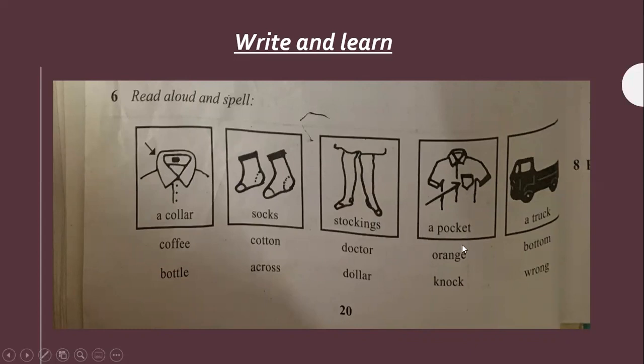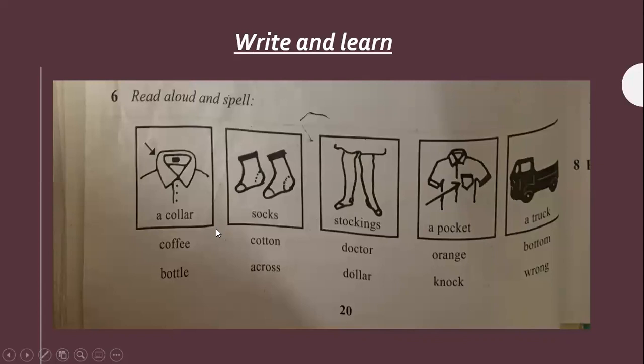Pocket. What is a pocket? Pocket. This is truck, coffee, cotton, doctor, orange, bottom, bottle, across, dollar, knock, wrong.